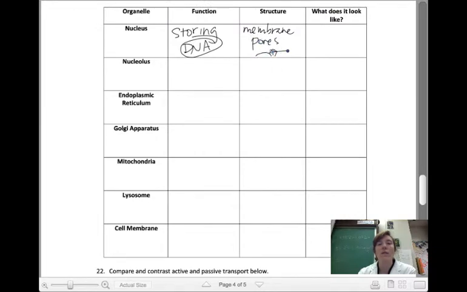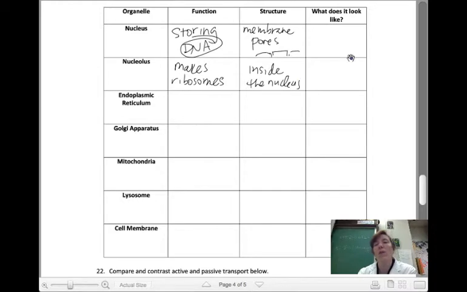So if we looked at it, it would have these little areas that would be kind of holes in the membrane. And inside it has another special organelle called the nucleolus. And the nucleolus is very important because it makes the ribosomes. And structure, we're going to say inside the nucleus.